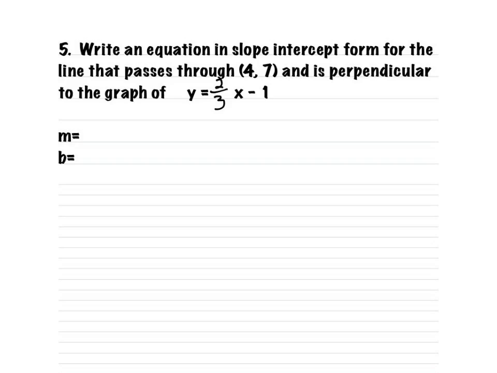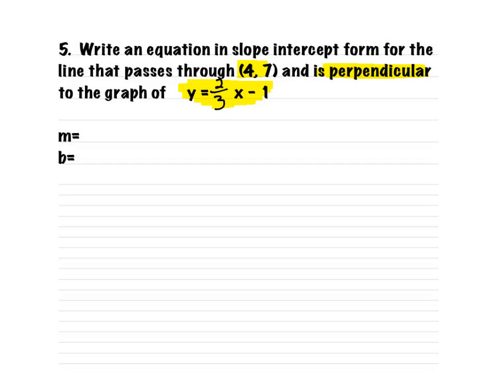Okay, here we go. Number 5. We're going to do this one together. Write an equation in slope-intercept form for the line that passes through 4, 7 and is perpendicular to the graph of y equals 2/3 x minus 1.